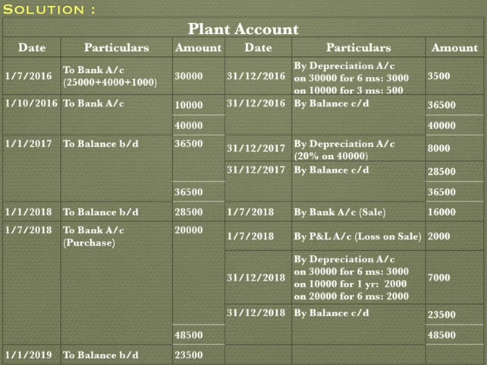So on the debit side we will write to bank account as we have purchased a new plant into our business organization on 1st July 2016. Now the cost price of the plant was 25,000 rupees plus 4,000 rupees paid for the repairs immediately, so it is treated as installation charges, plus 1,000 paid for the erection charges. So the total amount of our plant purchased becomes 30,000 rupees. So we have written here on 1st July 2016 to bank account 30,000 rupees.